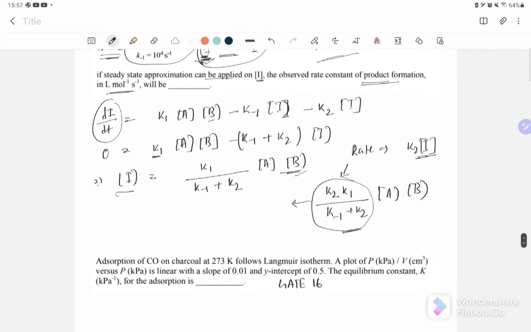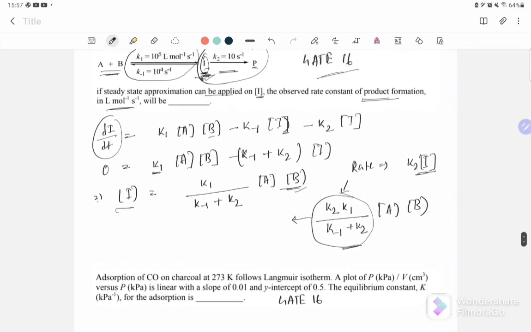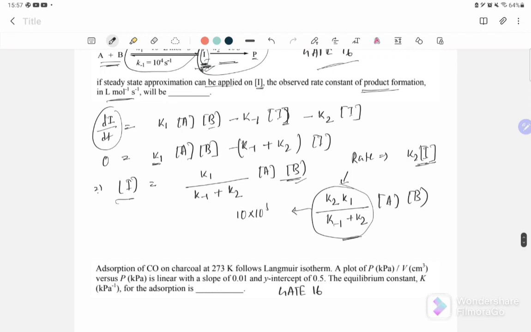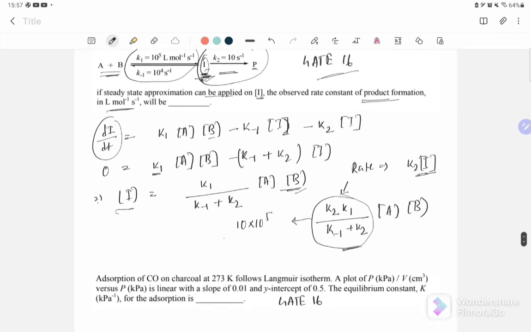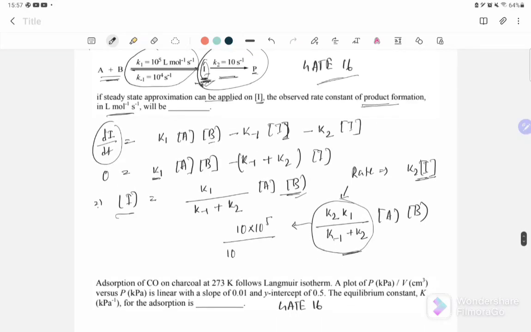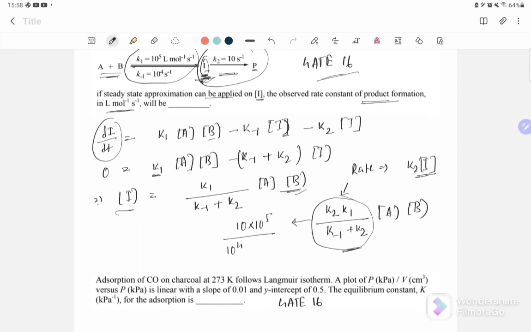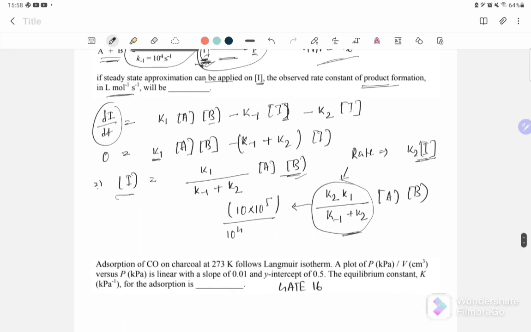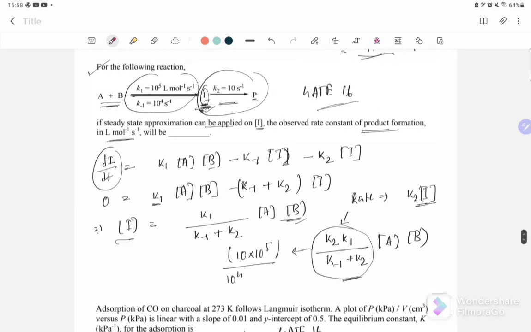So they ask for the value of this term. They have given k2 as 10, k1 as 10 to the power 5, divided by k inverse plus k2, where k inverse is 10 to the power 4. You write the unit also here. What is the unit? k2 is second inverse, k1 is mole inverse liter second inverse.